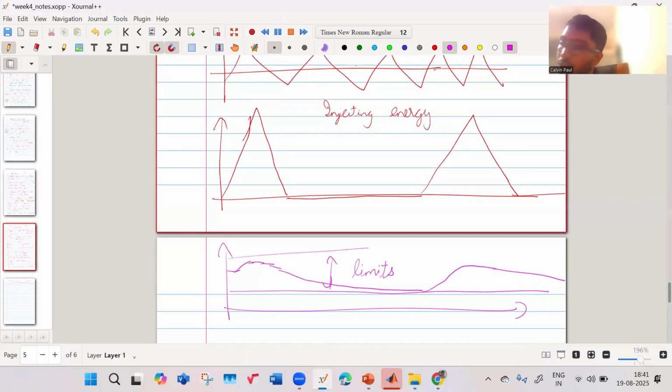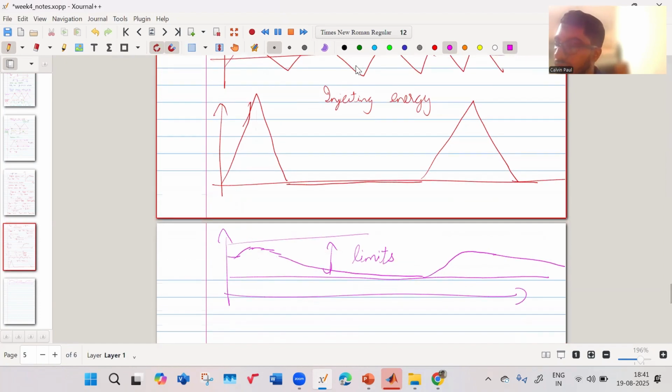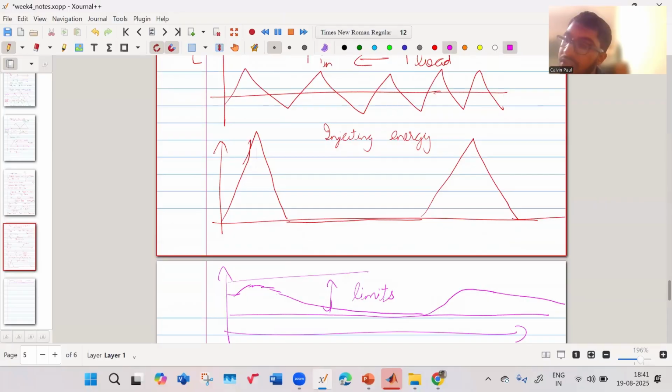So you don't need to pump in lots of energy continuously, with it coming back and going here and there all the time. You're running it at a speed which is not necessary. You can run it at a lower speed. So in light load we prefer to run at a lower switching frequency.